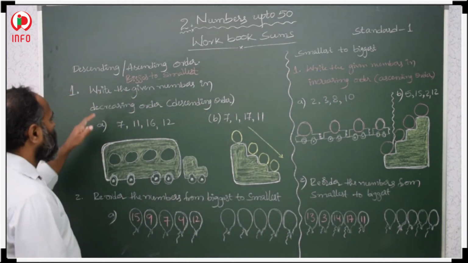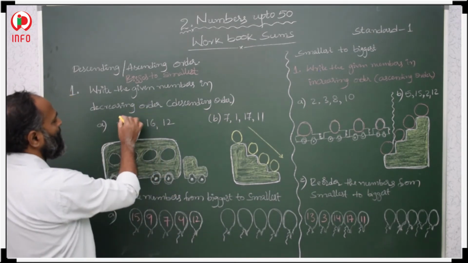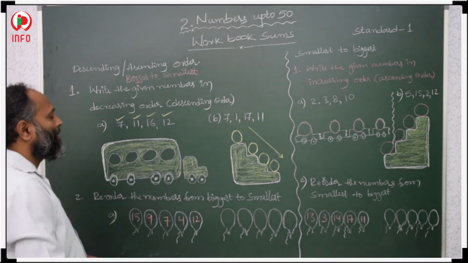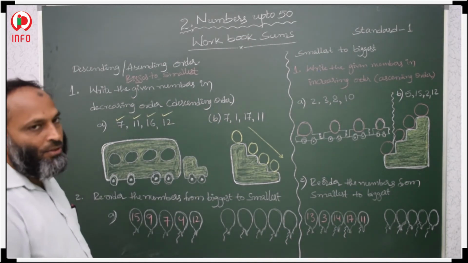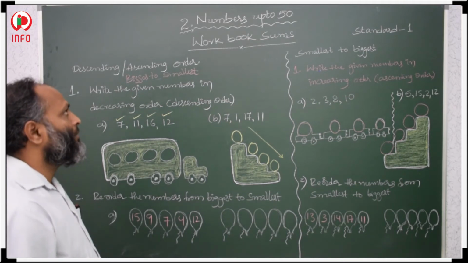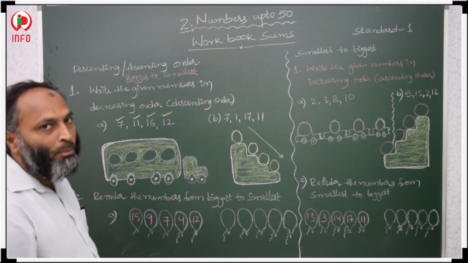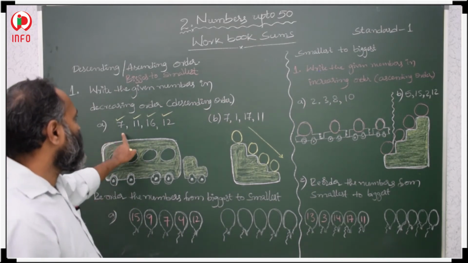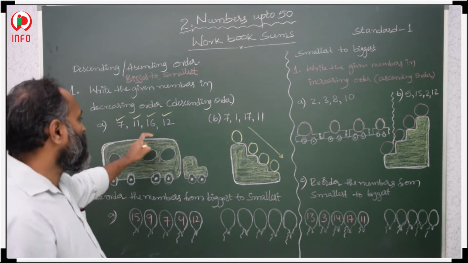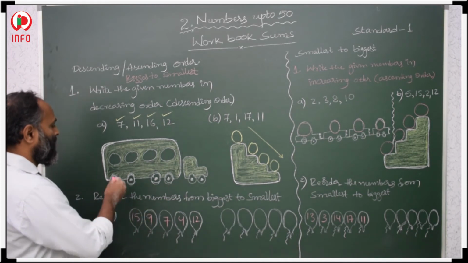Now here some numerals are given: 7, 11, 16 and 12. We have to write these numbers in descending order. Descending means decreasing order. Decreasing means first we have to take the bigger number. What is the biggest number here? 16 is the biggest. So we have to write 16 first.